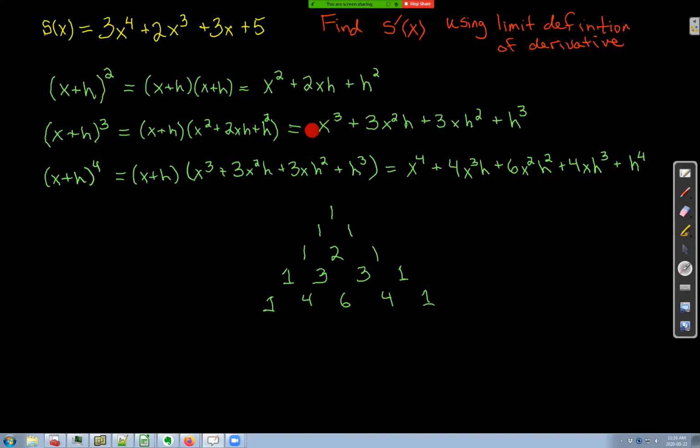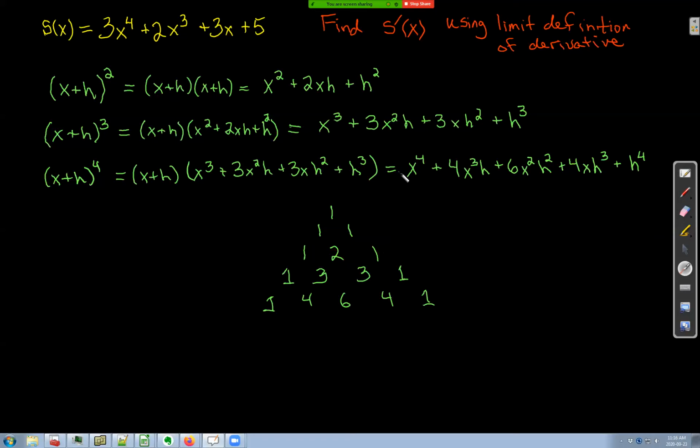And this one right here has an invisible 1, a 3, and an invisible 1, and that's exactly this row of Pascal's triangle. And up here, invisible 1, 2, invisible 1, that's exactly this row of Pascal's triangle.